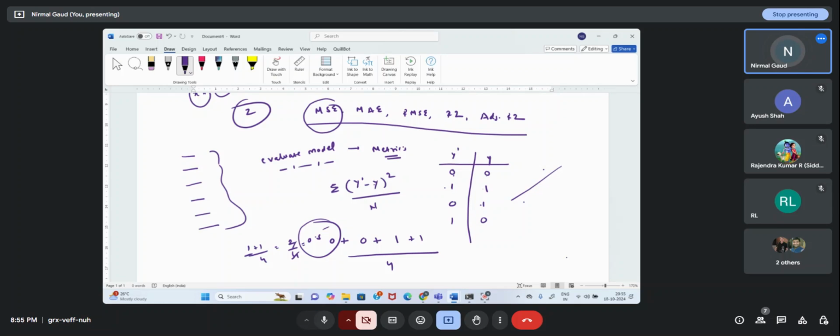However, in case of classification, you are not performing this thing of how far away you are from the line.